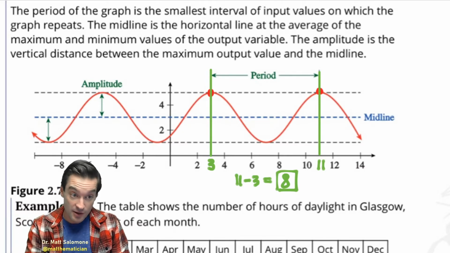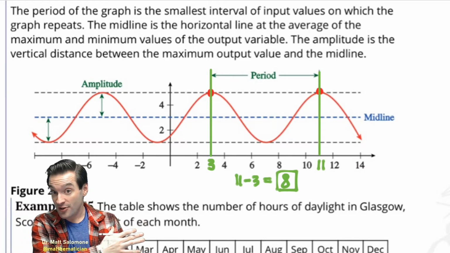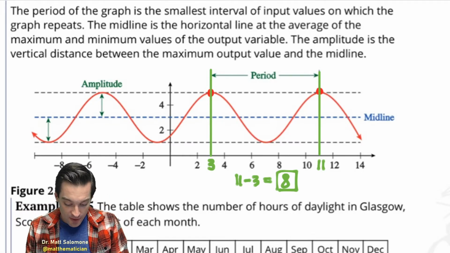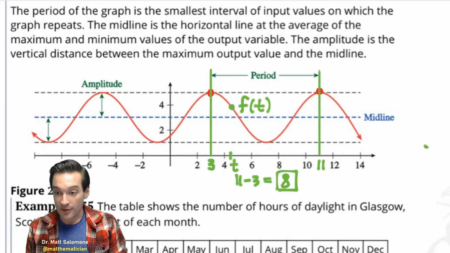So every 8 units of horizontal distance on this graph, my graph is doing exactly the same thing. And so another way to say that is any point on this graph at all, whatever f is at that point, I'm going to call it f of t, so t would be right here in this example.